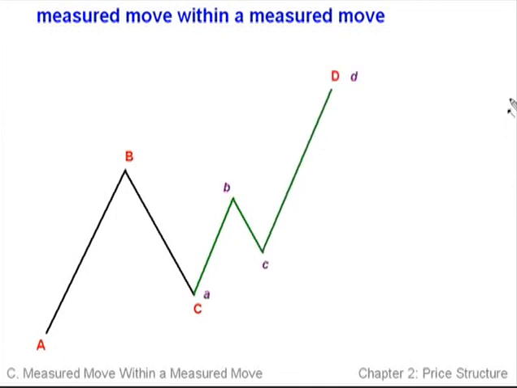What makes this a measured move within a measured move is the fact that this high here at little b is actually lower than the pivot high at capital B. If little b was to show up as a higher high instead, then this would simply be two measured moves back to back.